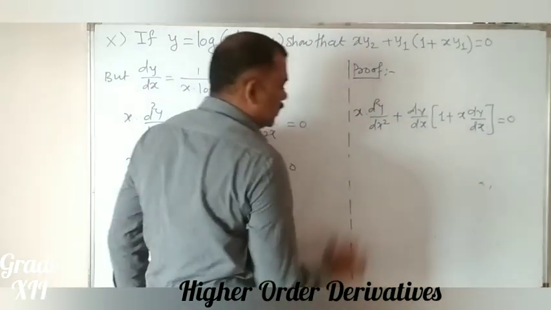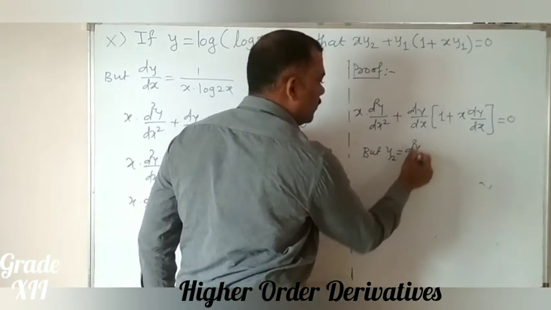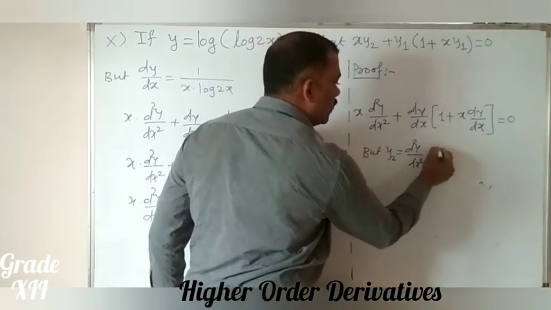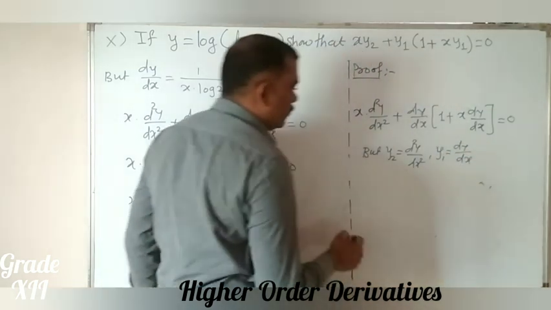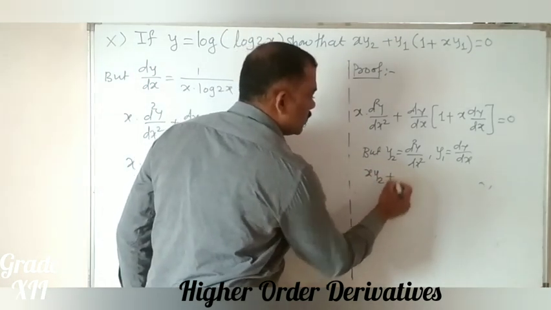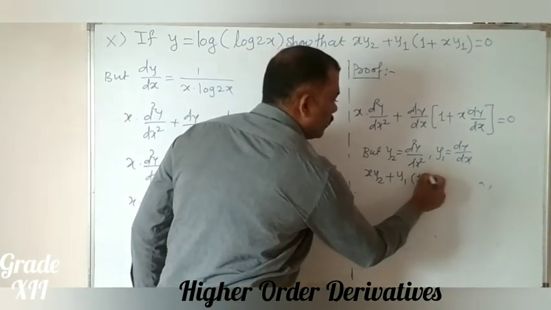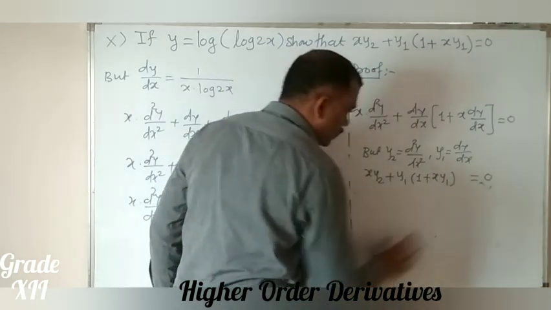Okay, but y2 is nothing but d2y by dx square, y1 is nothing but dy by dx, so that we can write x y2 plus y1 into bracket 1 plus x y1 is equal to 0.